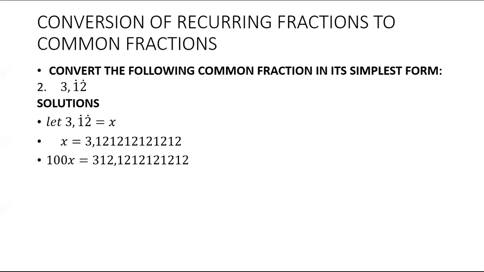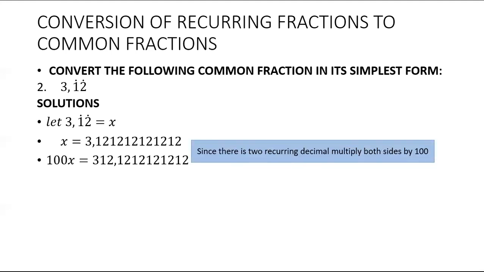Now you're going to take the second equation minus the first equation. So 100x minus 1x will give you 99x.